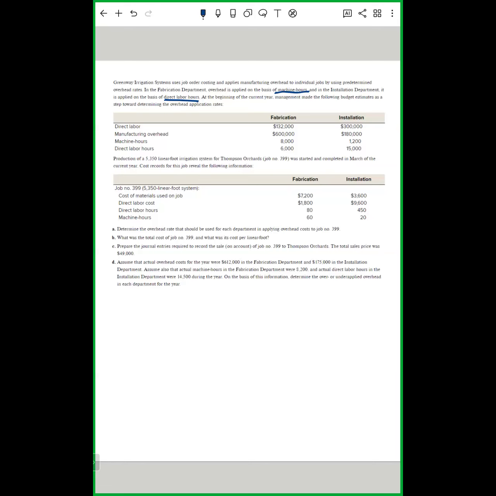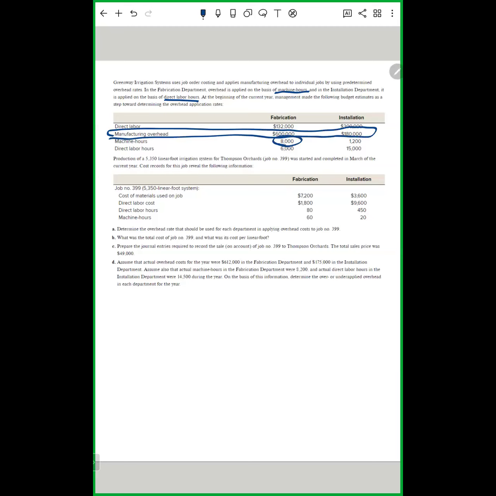All right. So in order to get started, we first need to come up with these overhead rates for the fabrication and the installation department. The first thing is what we're allocating is this manufacturing overhead. So this is the money that's getting allocated. In the fabrication department, we use machine hours.